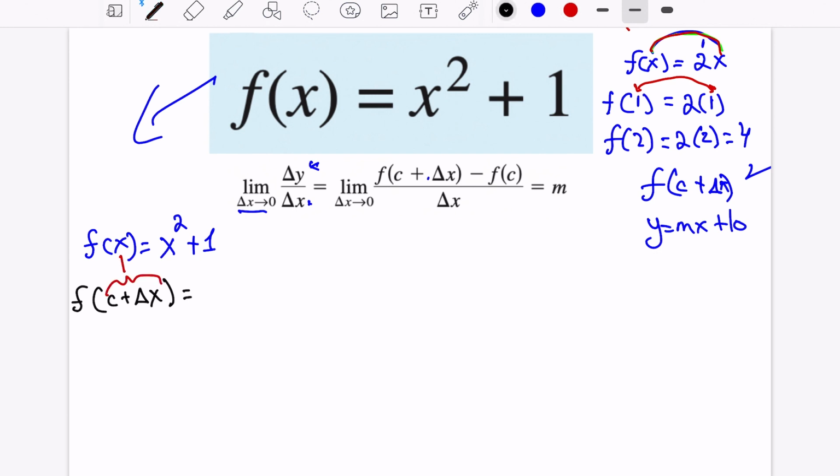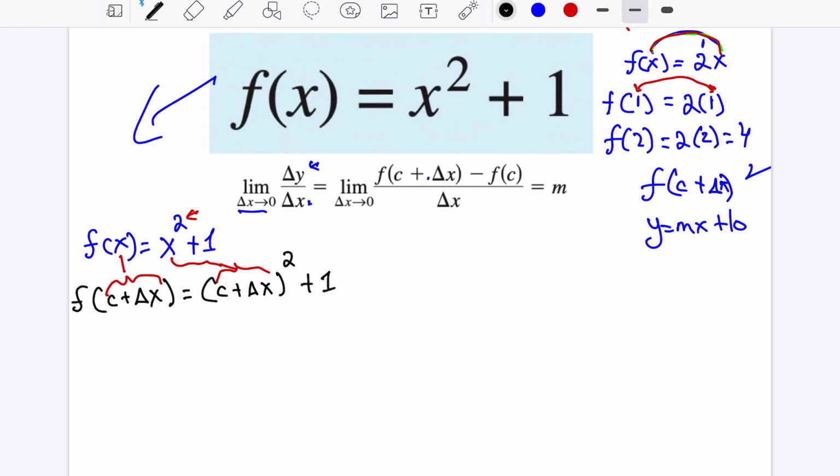Every time that I see an x, that will be replaced by c plus delta x squared. As you can see in that illustration, there's an x, so all of that became c plus delta x, and we still have the square there. Okay, so let's continue. Plus a 1 there. So nothing wrong with that.